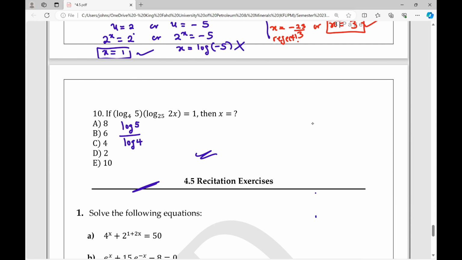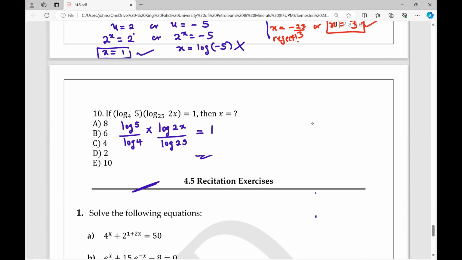Remember, if you don't put the base, it means 10. While this one will be log base 10 of 2x over log base 10 of 25, so this is just by change of base.